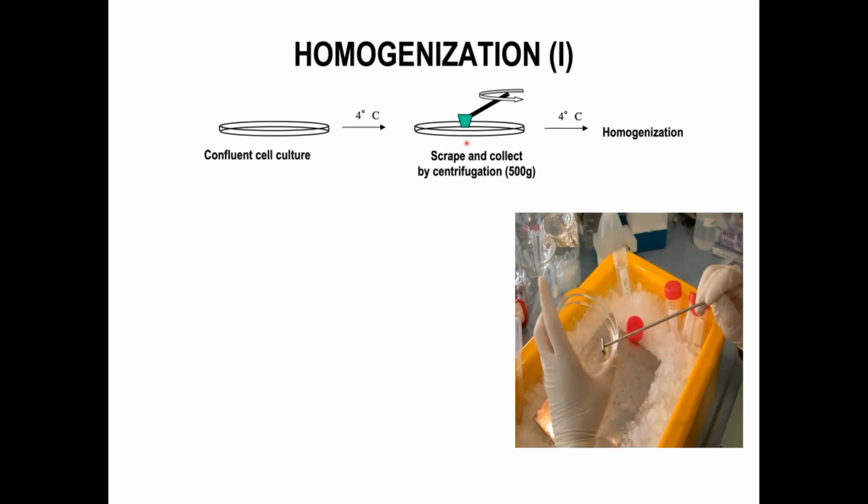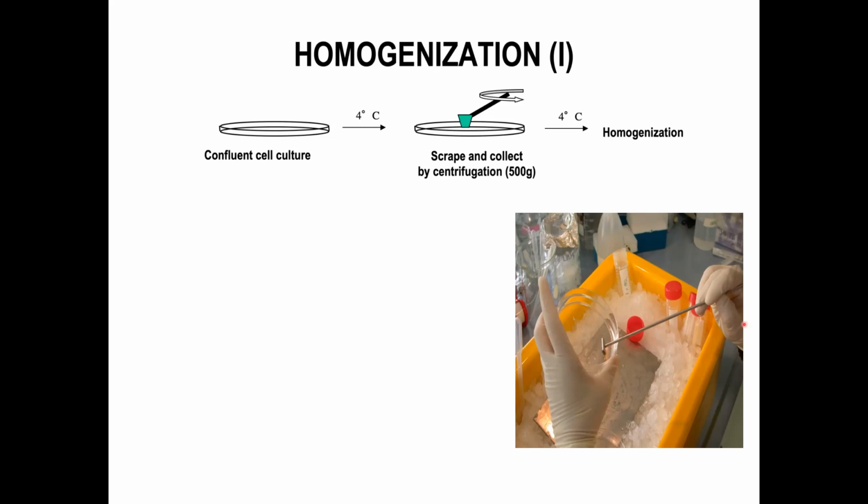Now, these scrapers are used to collect the cells, and they come down in little sheets. And usually, these scrapers have a piece of Teflon, where you can scrape the cells off the blade in a very gentle manner. These scrapers exist in different flavors, in different sizes, with different surfaces.